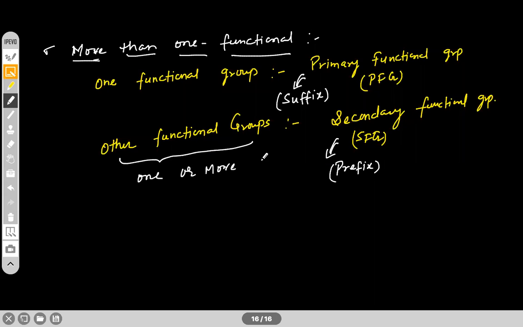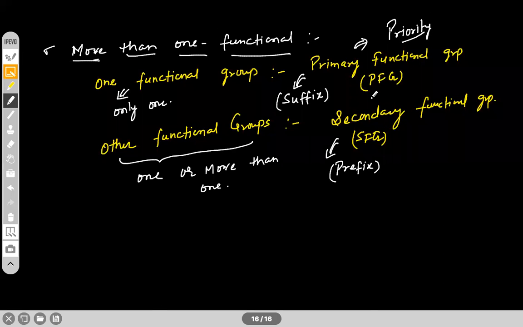It's possible. But the primary functional group will only be one. It is not possible that two functional groups are primary. How do we define which one is primary and which one is secondary? Based on priority.